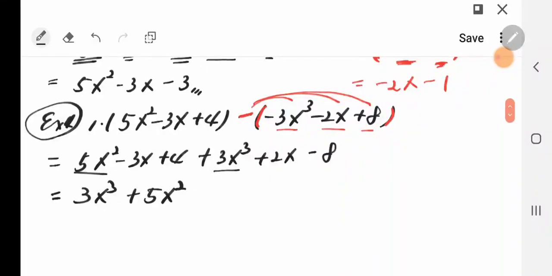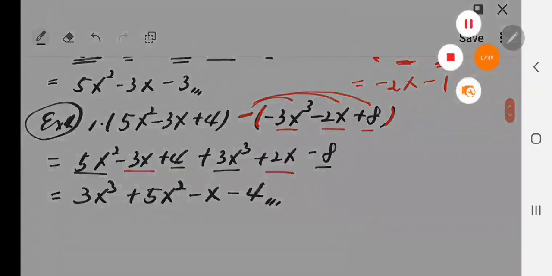And x terms, there are two x terms, so here negative 3x plus 2x. So negative 3 plus 2 is negative 1x. Okay, negative 1x, you don't have to write 1, so just write down negative x. Finally, there are two numbers, 4 and negative 8, so that is negative 4. So this is the result of subtracting polynomials. Let's try another example.